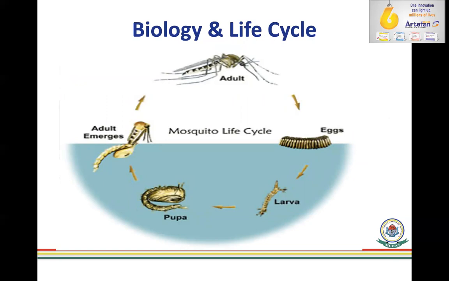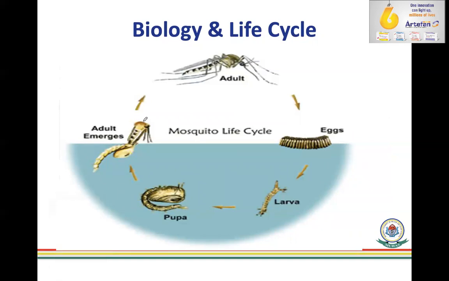In the life cycle, you have the adults, they lay eggs, and then they give larva. The larva develops into pupa, pupa develops into adults, and adults go again into the cycle. Along this cycle, when they emerge as adults, they tend to immediately go and mate.